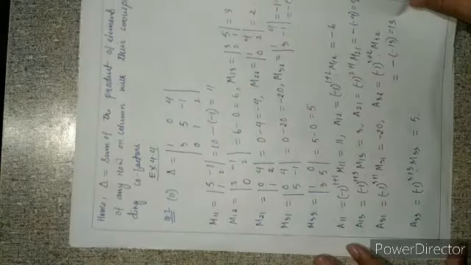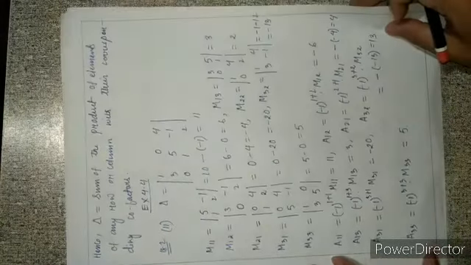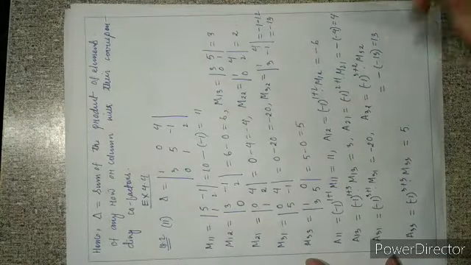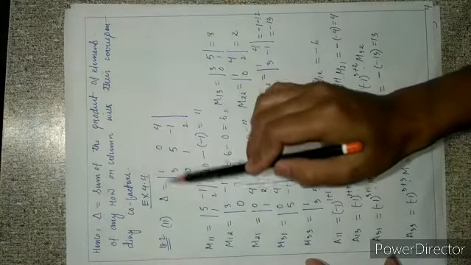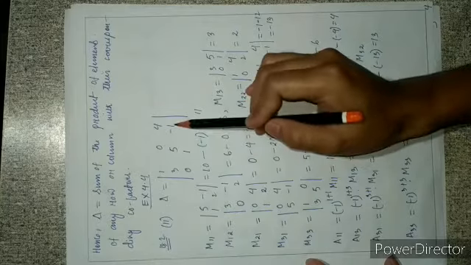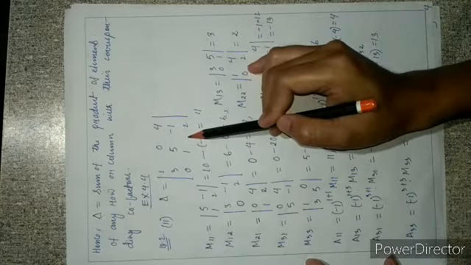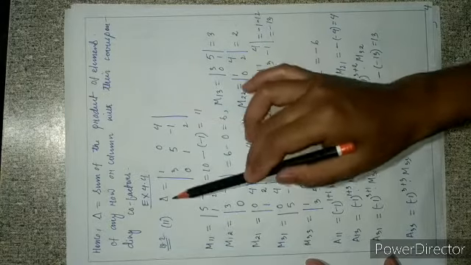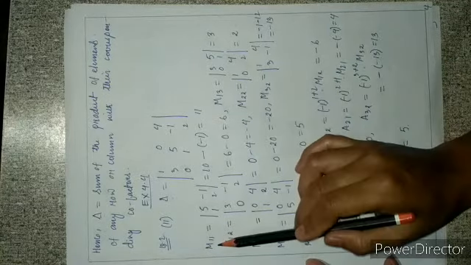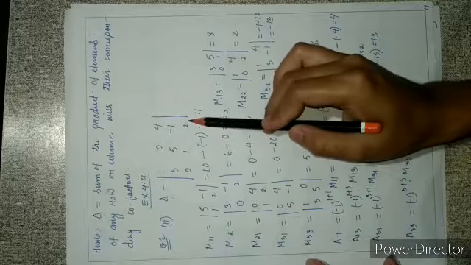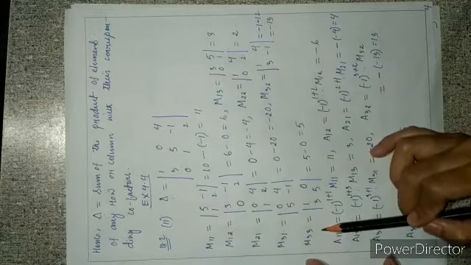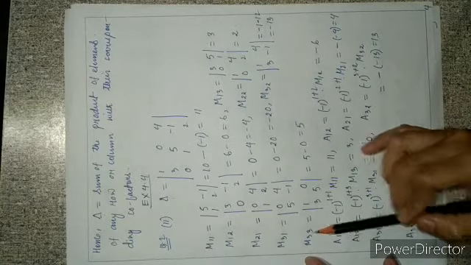Exercise 4.4 question number 2, Roman number 2. Determinant elements are 1, 0, 4, 3, 5, minus 1, 0, 1, 2. Here we have to find all the minors and cofactors of the elements of this determinant. There are 9 minors and 9 cofactors.